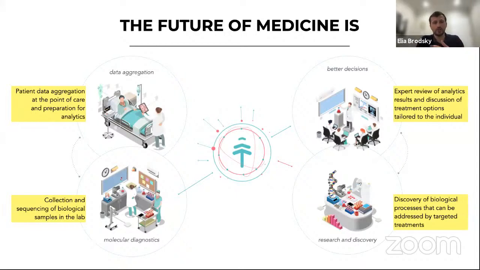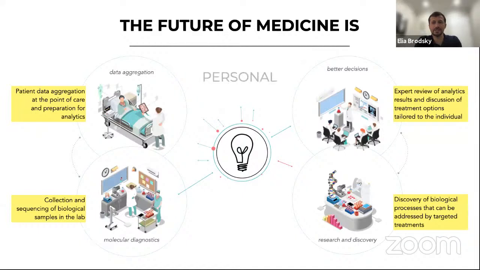And all of this data has to be presented to experts that understand the data in such a way that they can discuss the results of analysis in a meaningful way, and they can translate this information to practical decisions that they have to make, leading to an effective identification of areas of research that then could be addressed by pharmaceutical companies, biotechnology companies, and others that are involved in addressing the unmet needs. And so what we see this as is a combination of personal and precise, and there has to be a number of components that come together to make that possible.